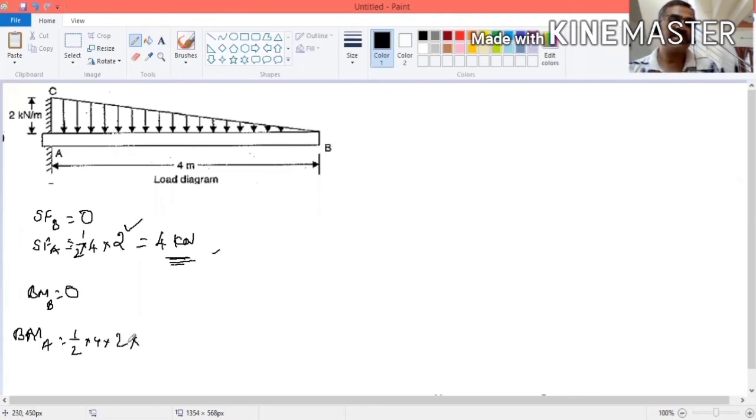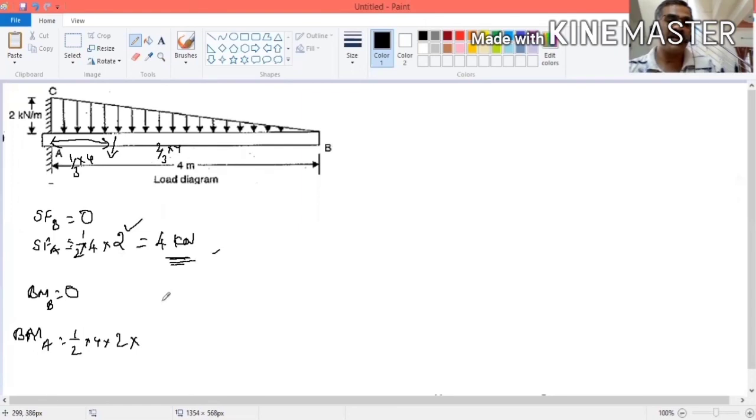Then the distance. Where will the load be acting? This is in the form of a triangle, so the center of gravity will be here. What will be this distance? This will be 1/3 of L, 1/3 into 4. The other distance will be 2/3 into 4.